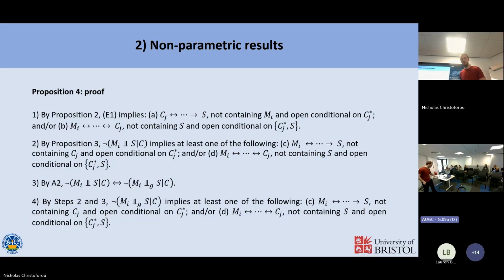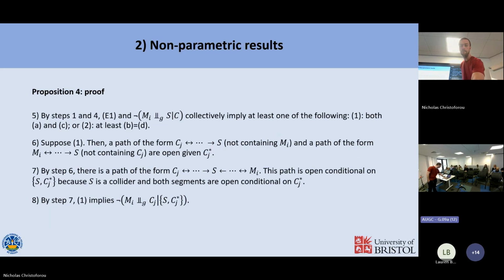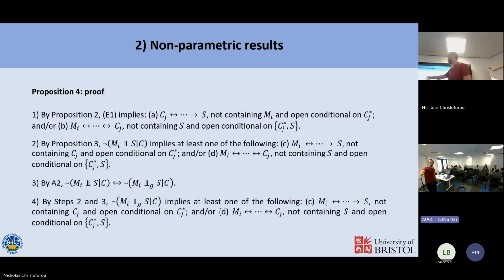Now let's try to put this together and notice that we can partition our world in the following way. If E1 implies that at least A or B is true, and this d-connection condition implies that at least C or D is true, then if both E1 and this d-connection condition are true, I am going to have either A and C, or A and D, or B and C, or B and D, right?